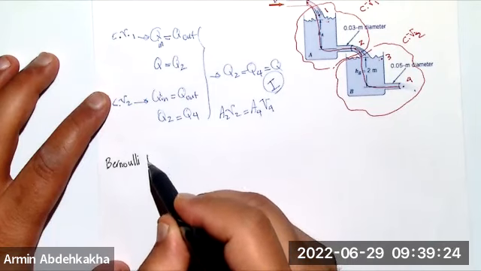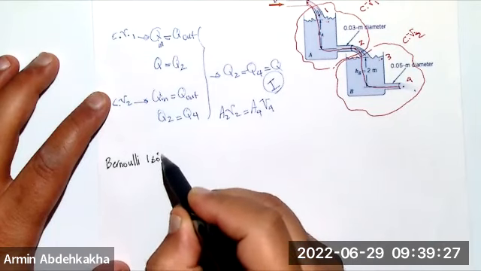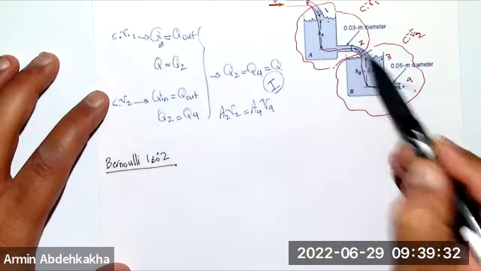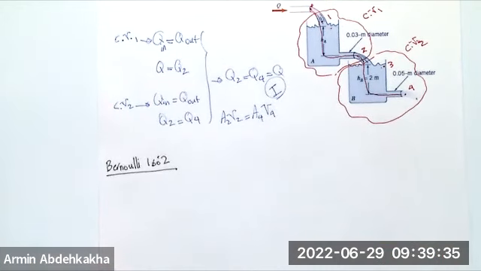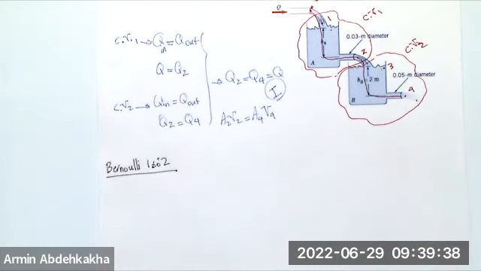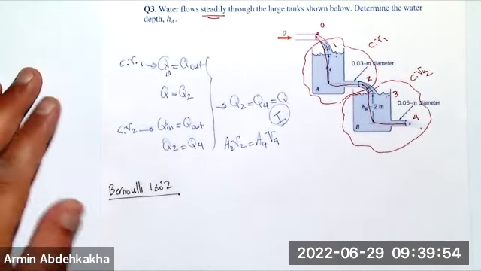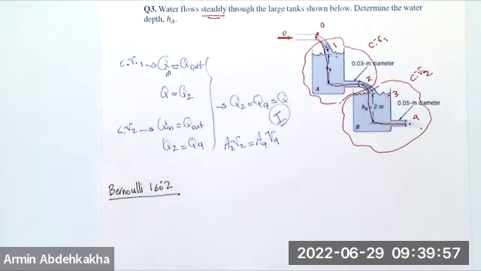from point 1 to point 2. From point 1 to point 2, these two are over the streamlines. The flow is steady, and water most of the time in most of the equations is incompressible, and you are applying that over a streamline. What else? Inviscid flow, right? We can also assume that it's inviscid. If you see, you don't have any losses here.